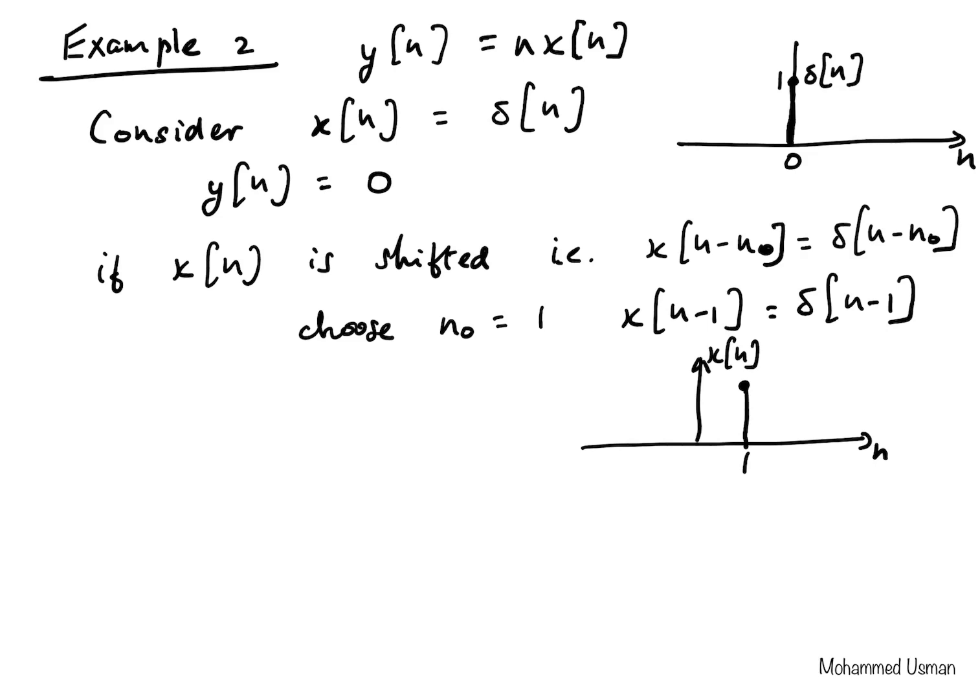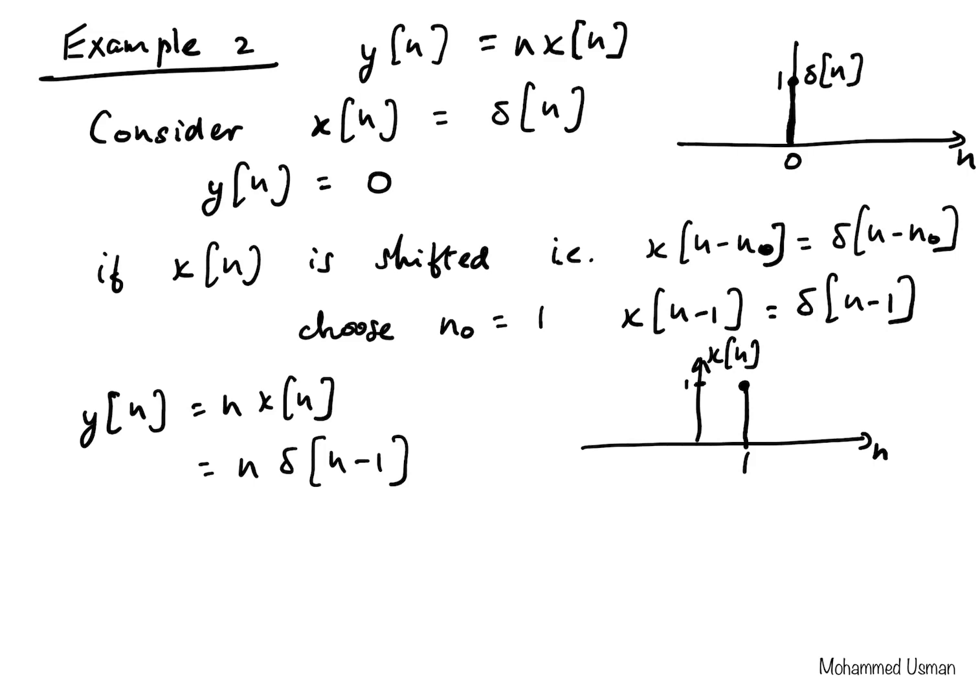If that becomes our input signal, then the output y of n is equal to n times x of n, which is equal to n times delta of n minus 1. Delta of n minus 1, because we have chosen x of n minus 1, is a shifted version of the original delta of n. So it is n times delta of n minus 1. That's equal to 1 when n equal to 1. So the height here is 1. For all other values, it's 0.